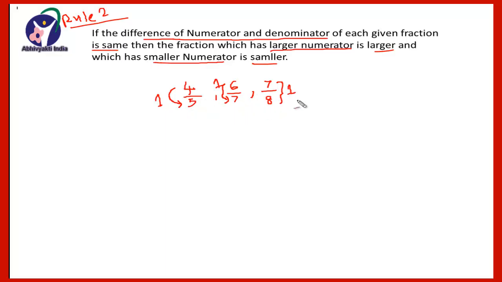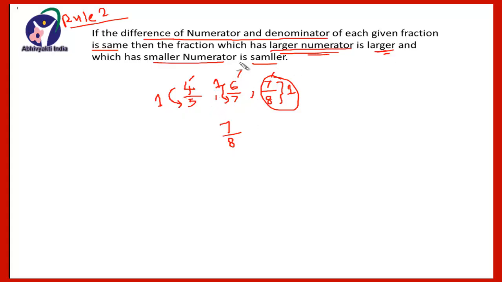Since the difference is 1, the fraction which has larger numerator is larger. Here the numerator is 4, here the numerator is 6, and here the numerator is 7. This fraction has a larger numerator, and therefore the fractional number 7 by 8 is greater than 4 by 5 and is also greater than 6 by 7.